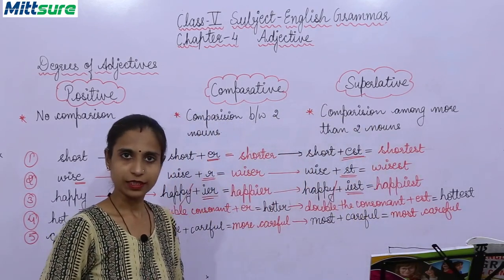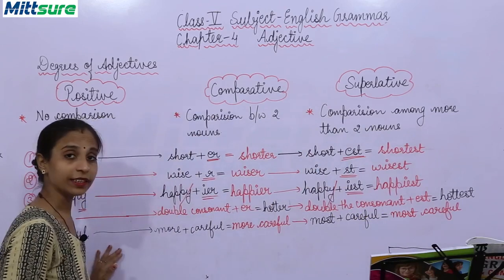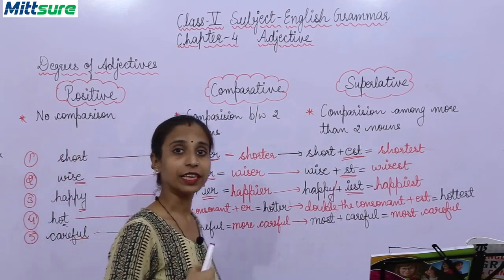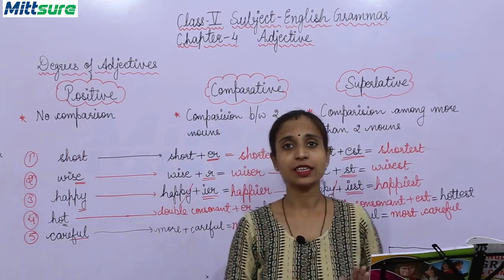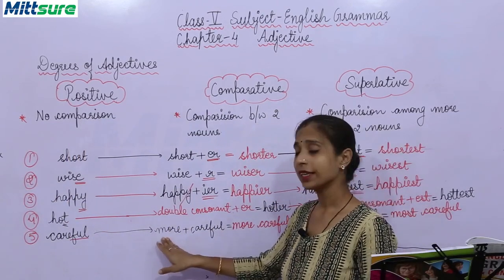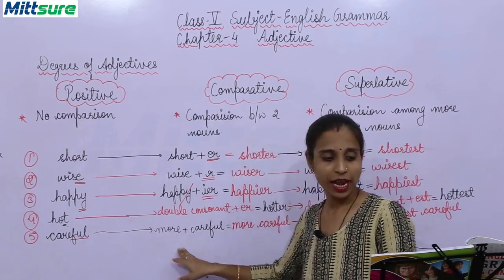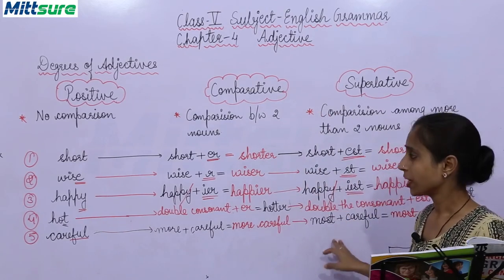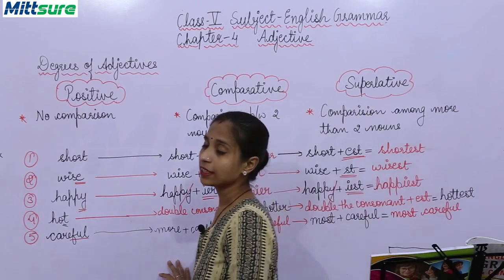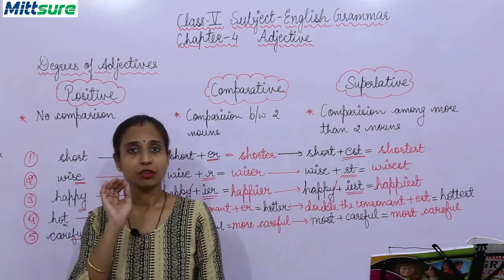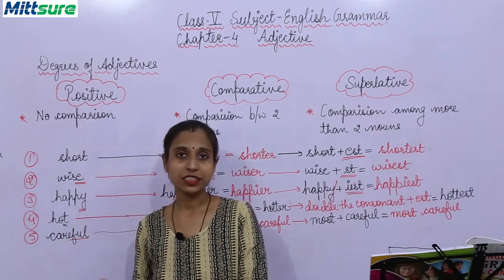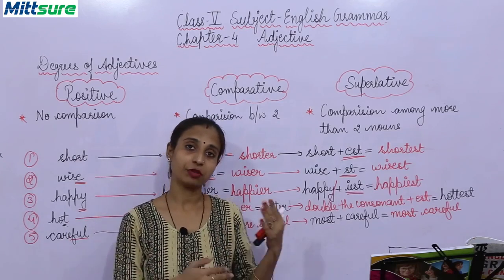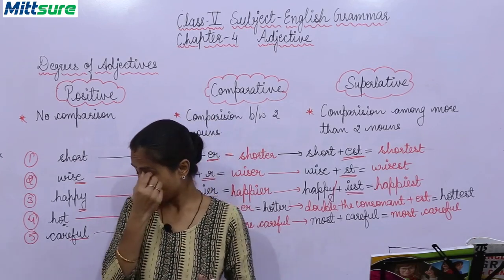I hope this is clear. When the adjective ends with any kind of suffix, just add more in the comparative degree and most in the superlative degree. Now, let's read the last rule of changing a positive degree into a comparative or superlative.